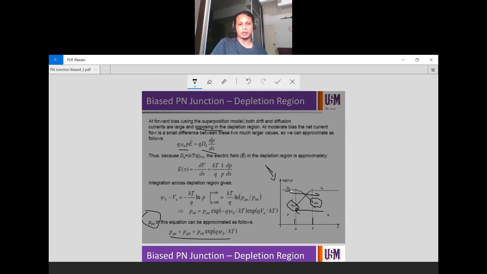PP, at the top left, is the majority carrier density, the density of holes in P-type, and NN is the density of electrons in N-type. That is approximated as follows: PPA equals PP naught, which equals Pn naught exponential q VBI over kT. So you can estimate PPA from there.